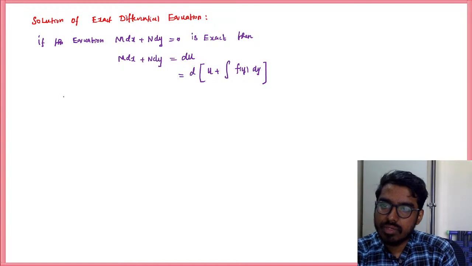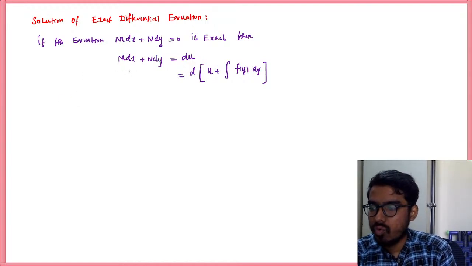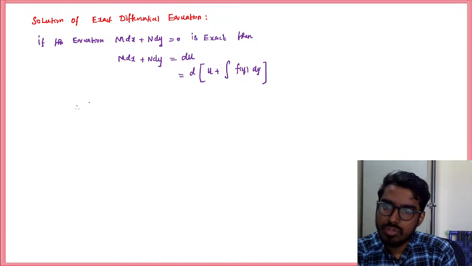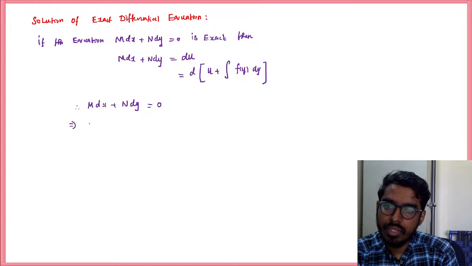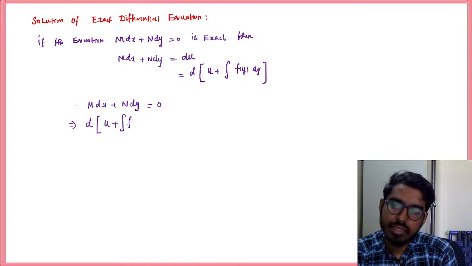Now we need to find the solution of M dx plus N dy is equal to 0, right? Therefore, we can write M dx plus N dy is equal to d of u plus integration of f of y dy is equal to 0.